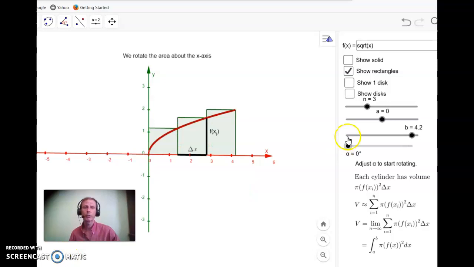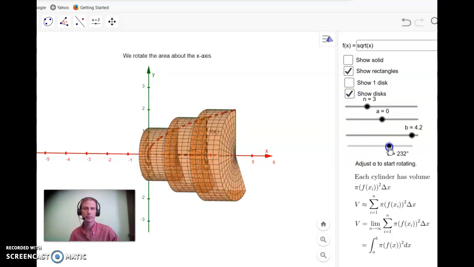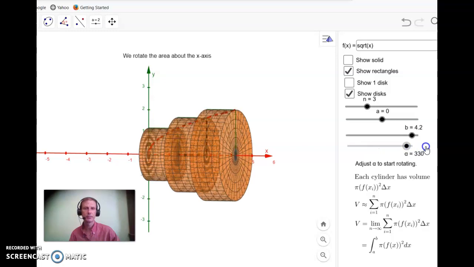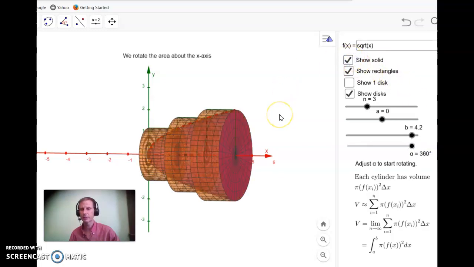So now we're going to show that process where we rotate all the rectangles. And here we go, rotating all the rectangles, and we get this nice stack of cylinders. And then if I superimpose the object, we can see that the cylinders are making a decent approximation of the volume of the object of rotation.